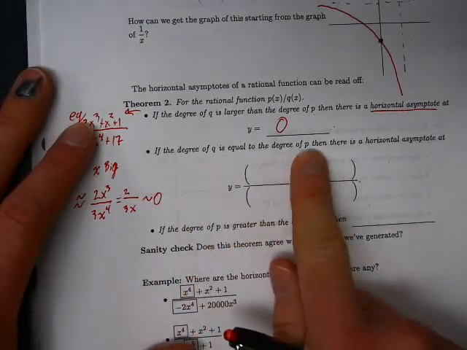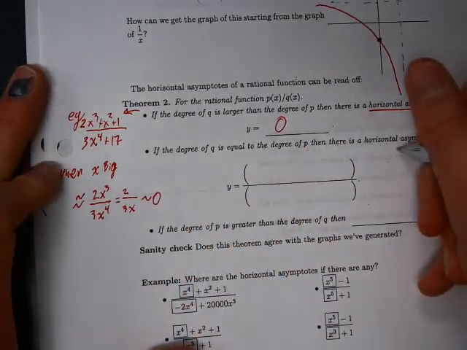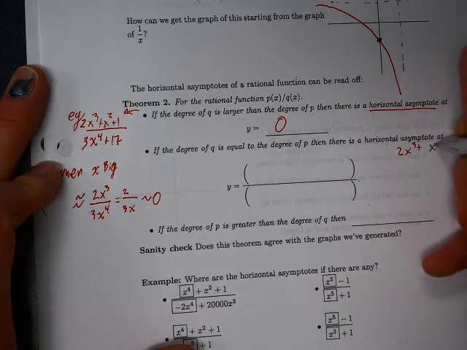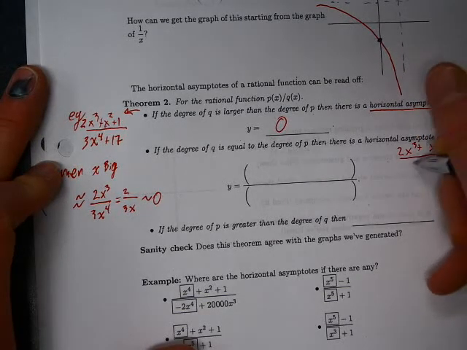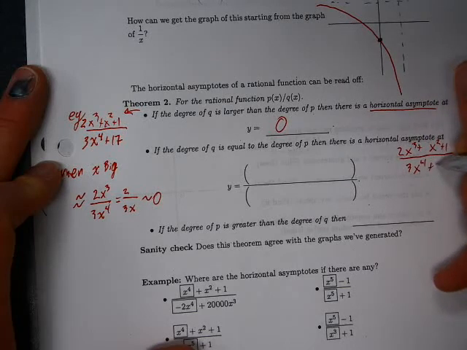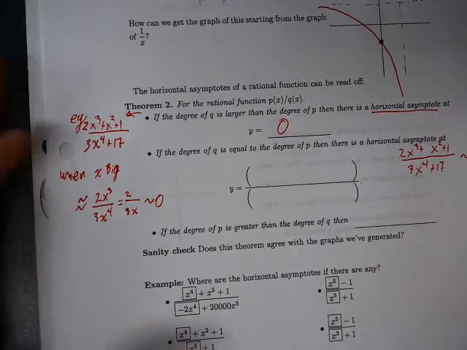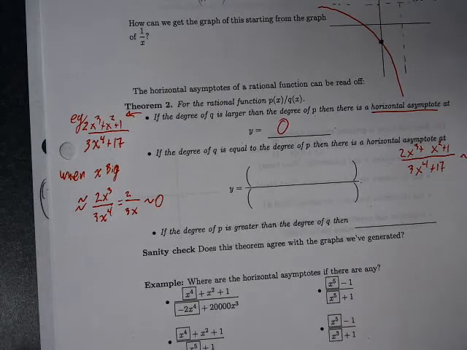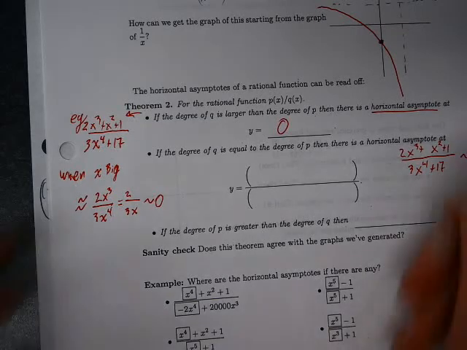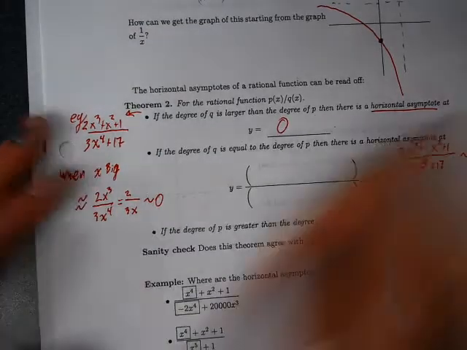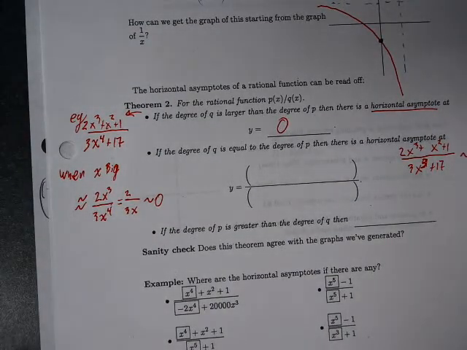If the degree of q is equal to the degree of p, well, let's see an example. 2x cubed plus x squared plus 1 divided by 3x to the 4th plus 17. And let's play the same game again. If I plug in an x value that's really, really, really big, positive or negative, does the x squared plus 1 make any difference in the numerator?